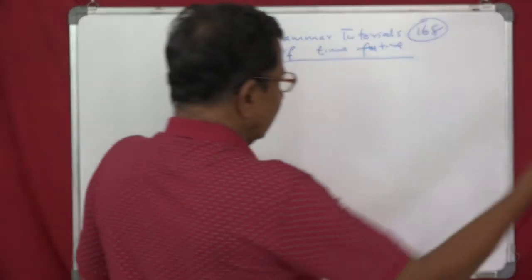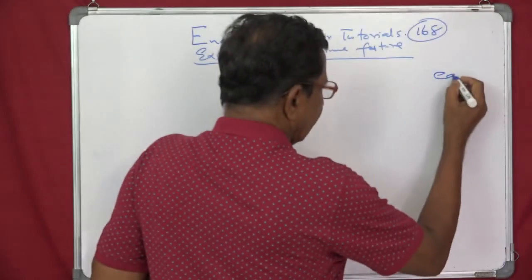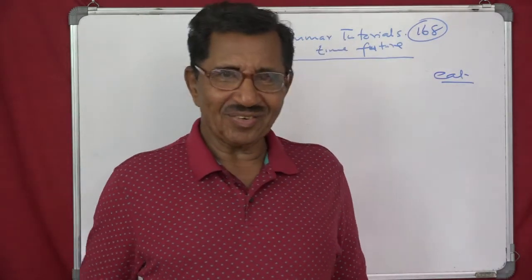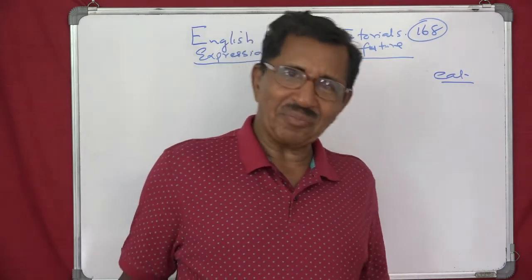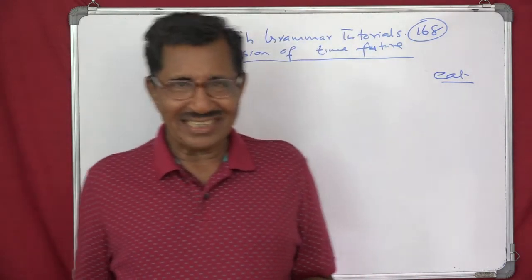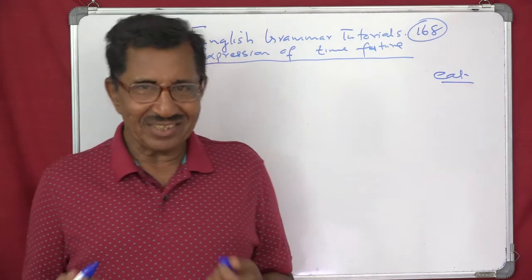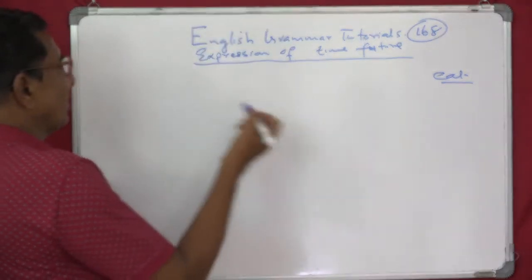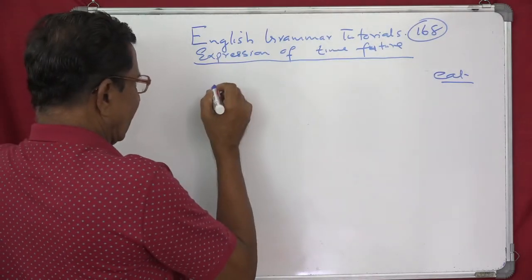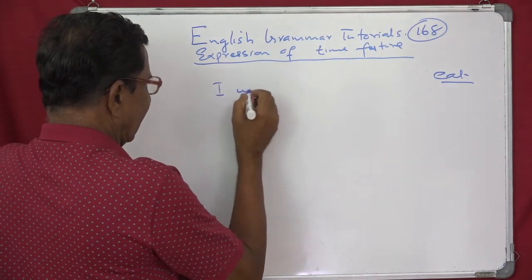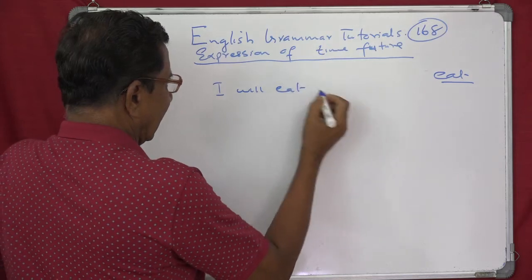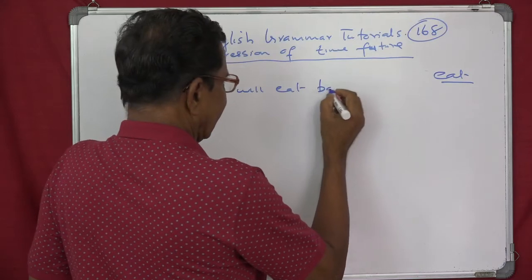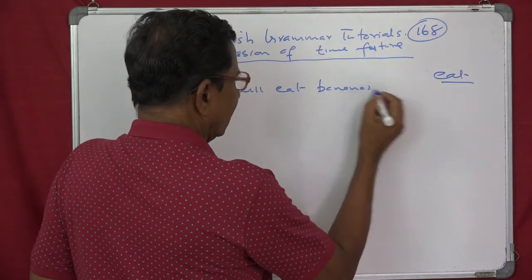All right, so here we go. Our standard word that we use for all tenses is eat, because that's very important. All of us live for eating, at least some eating, isn't it? Something has to eat, right? So you say, I will eat bananas tomorrow.